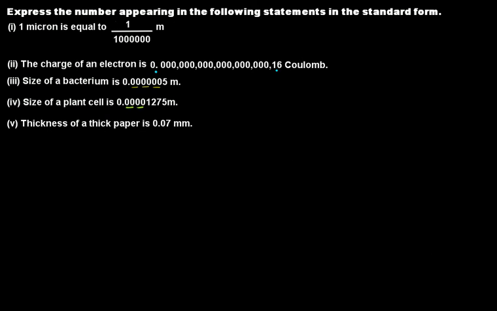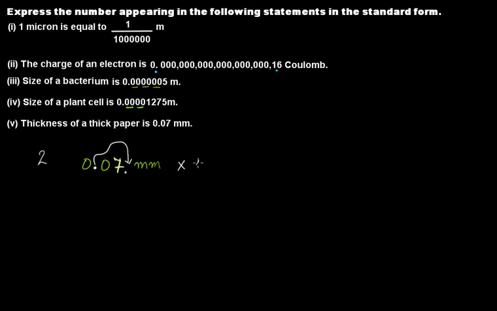In this last example, you have thickness of a thick paper is 0.07 mm. Okay, so your decimal point is here. Tell me which is the first non-zero digit, that is 7. So this decimal point has to move from this position, that is after here. So in order to do this, you have to move by 2 digits.